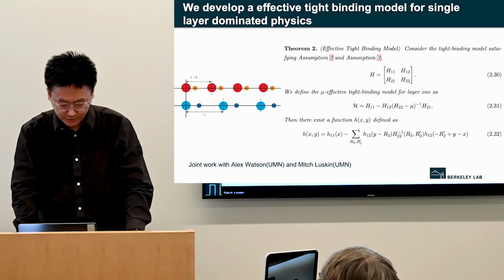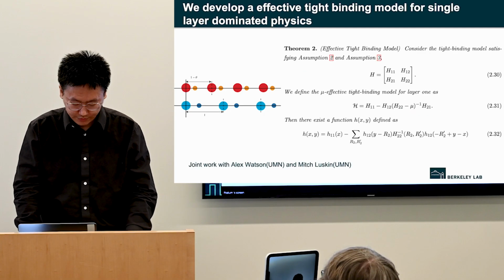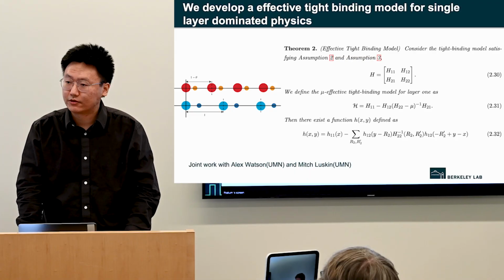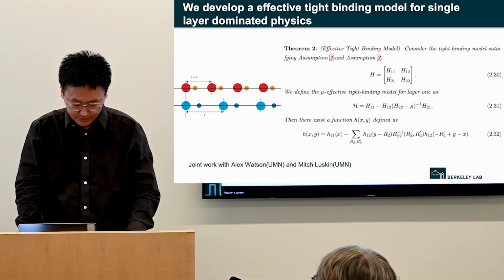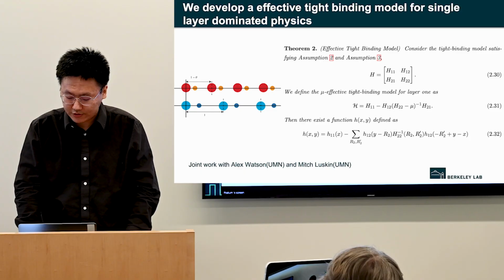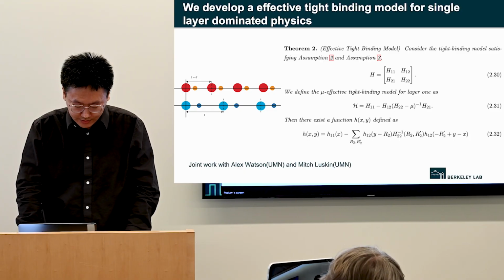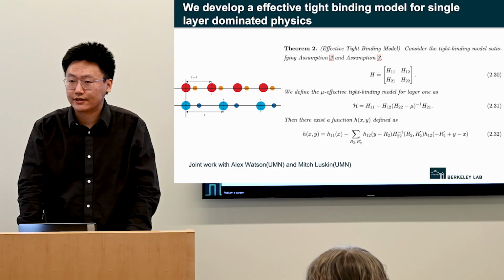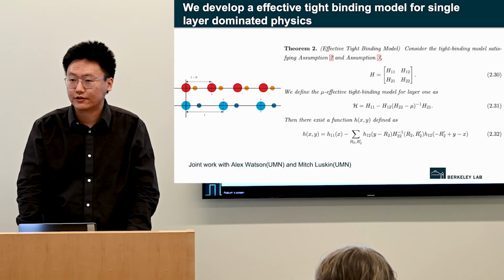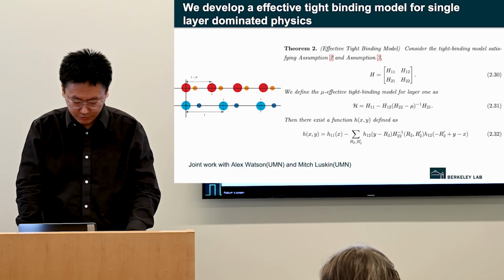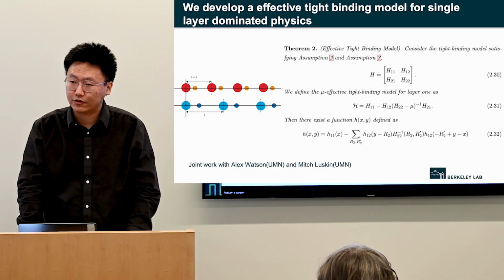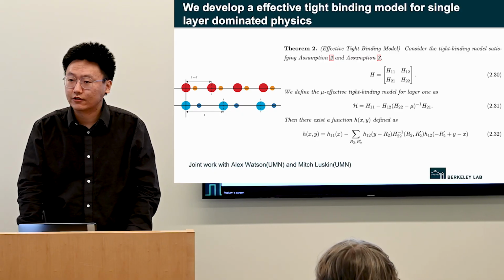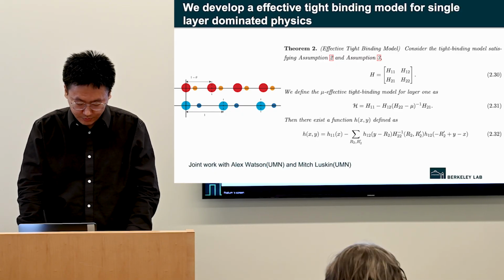We were talking about bilayer graphene in the previous slides, with the top layer and bottom layer very similar. But when we consider heterostructures, many things change. The interesting low-energy physics of the heterostructure usually associates with one of the two layers. So in that case, it will be simpler to start from a tight-binding model for the dominant single-layer physics.